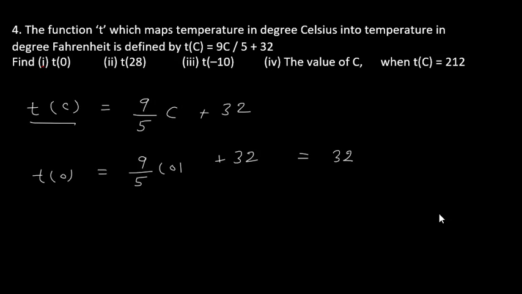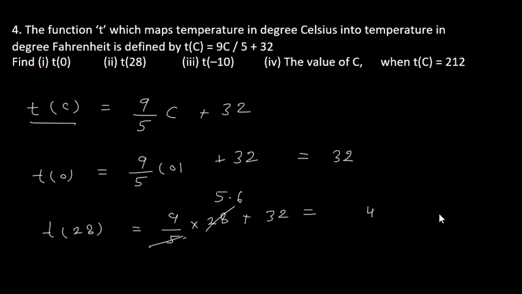Now T(28). When the temperature is 28 degrees Celsius, it is 9 upon 5 into 28 plus 32. So 9 into 28 over 5: 9 sixes are 54, 9 fives are 45, 45 plus 5 is 50.